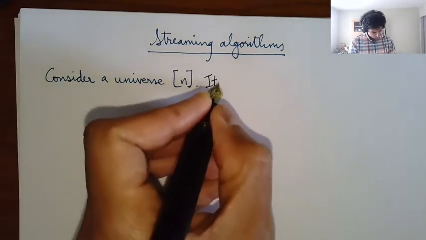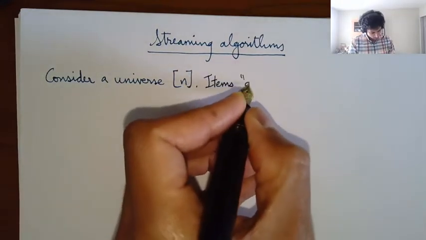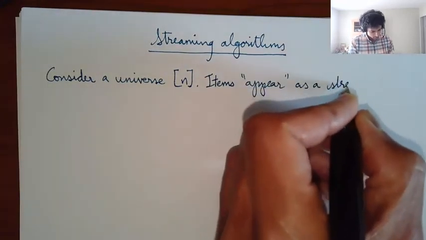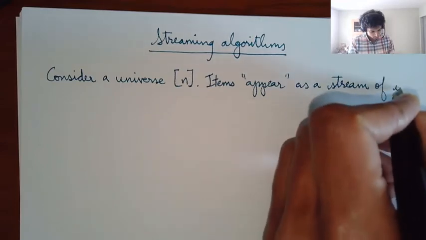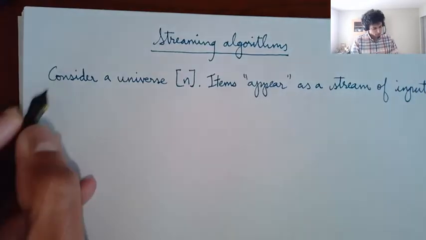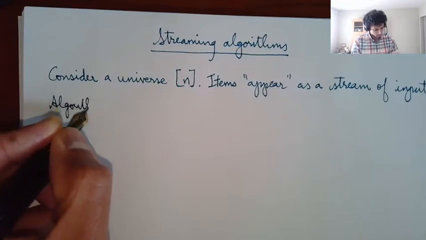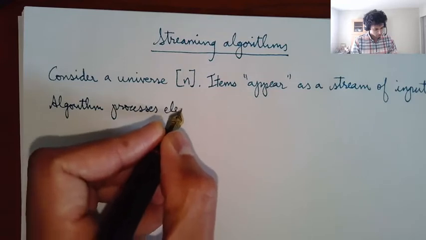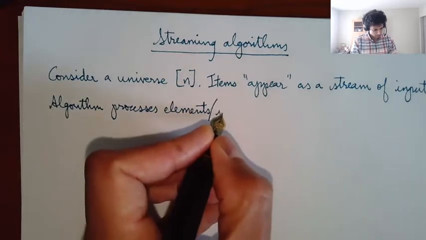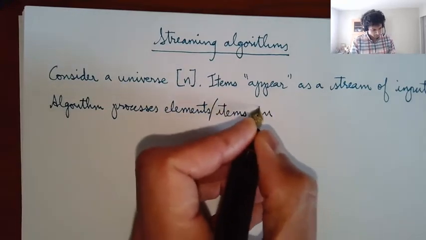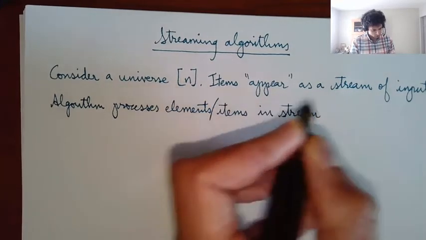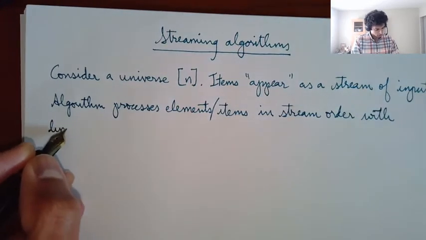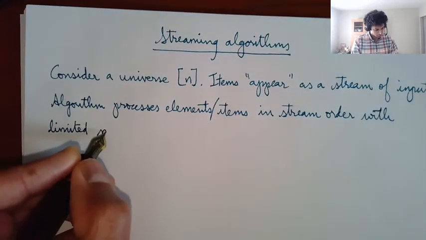So items appear as a stream of input, and the algorithm processes elements, or I said items, in stream order with limited memory.